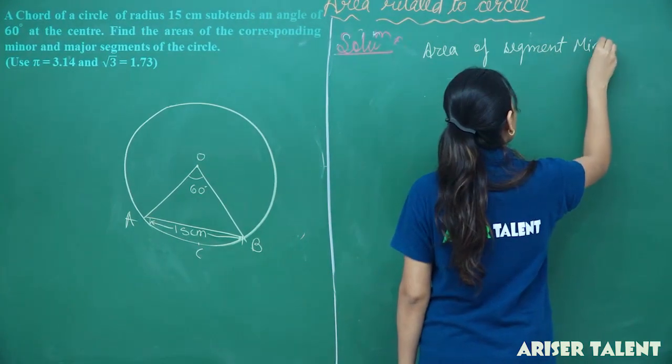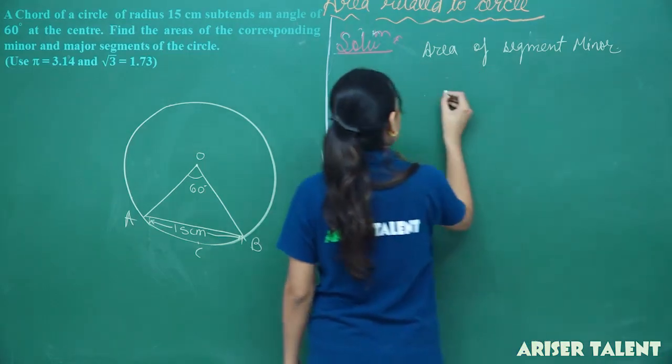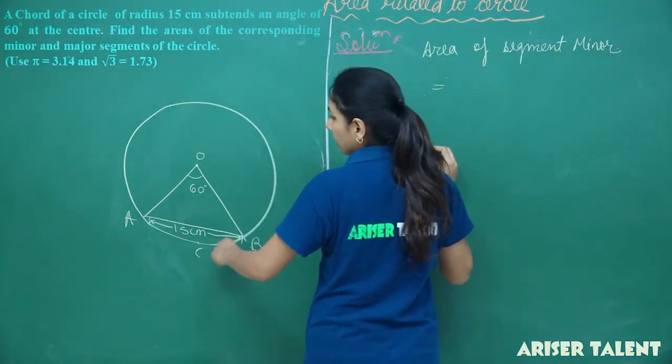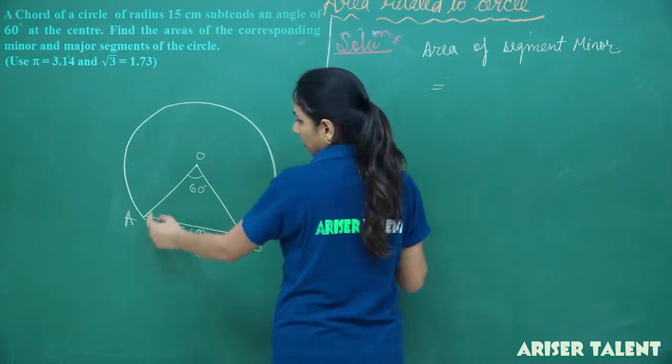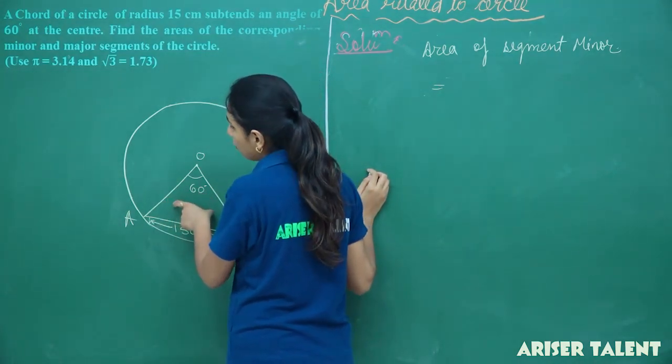Minor segment. If I talk about the area of the minor segment, what is the area of the segment? We understood that it is the area of this complete sector minus the area of this triangle.